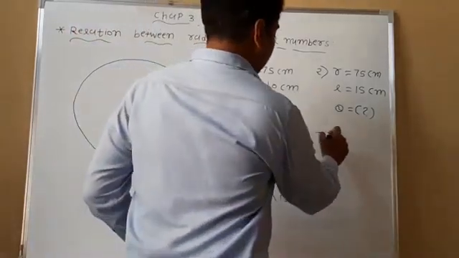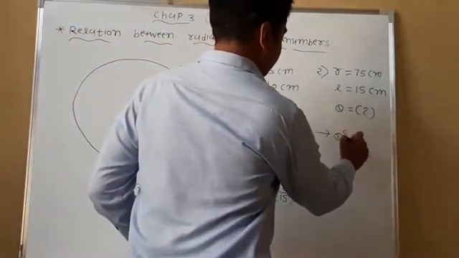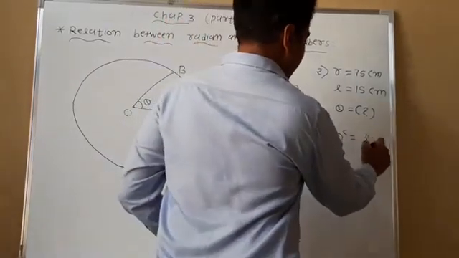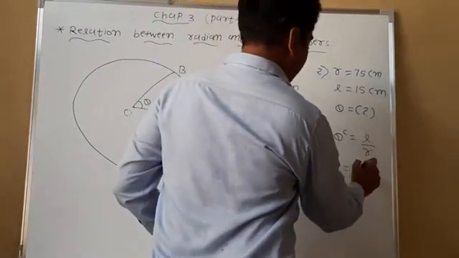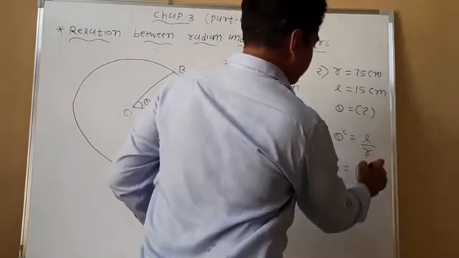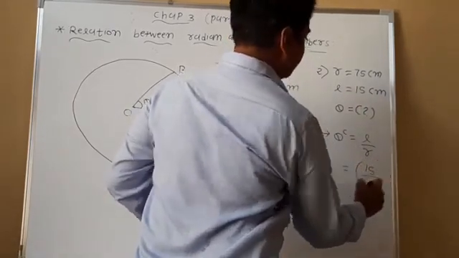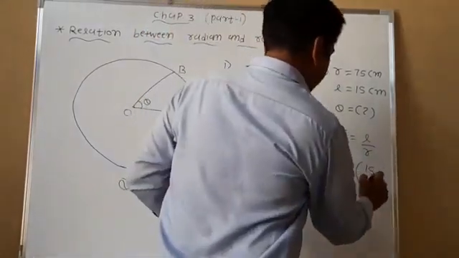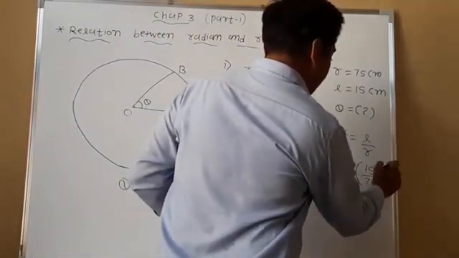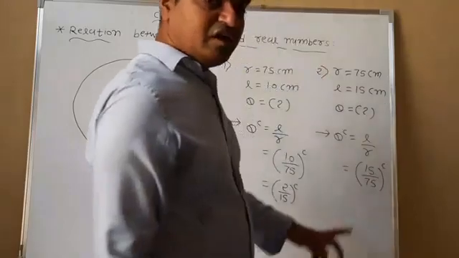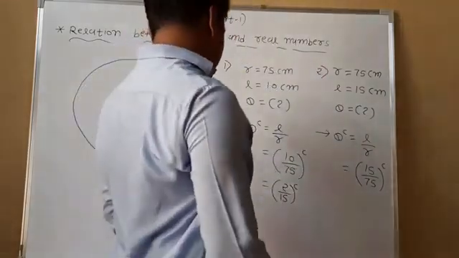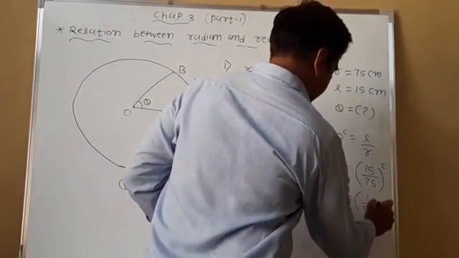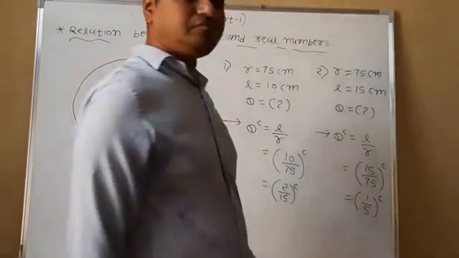Theta in radian form is equal to L upon R, which is 15 upon 75, and here write radian form. Now simplify this term, so we get the answer 1 upon 5 radian.